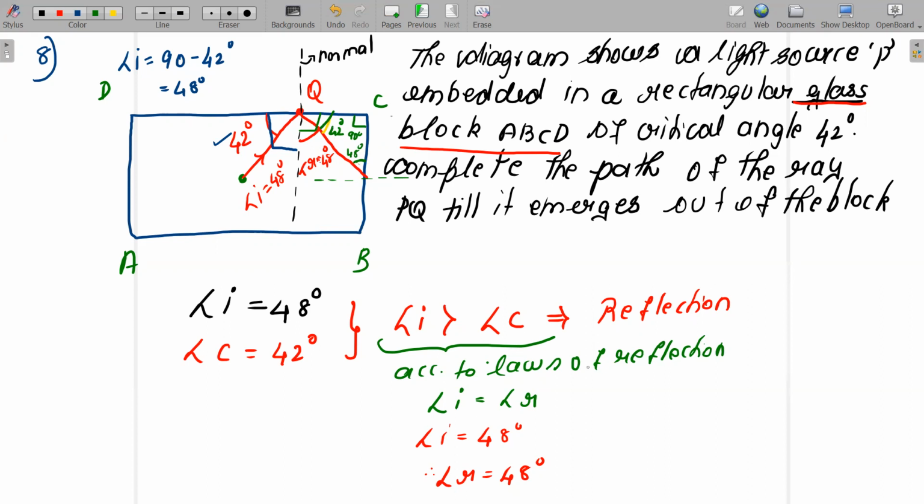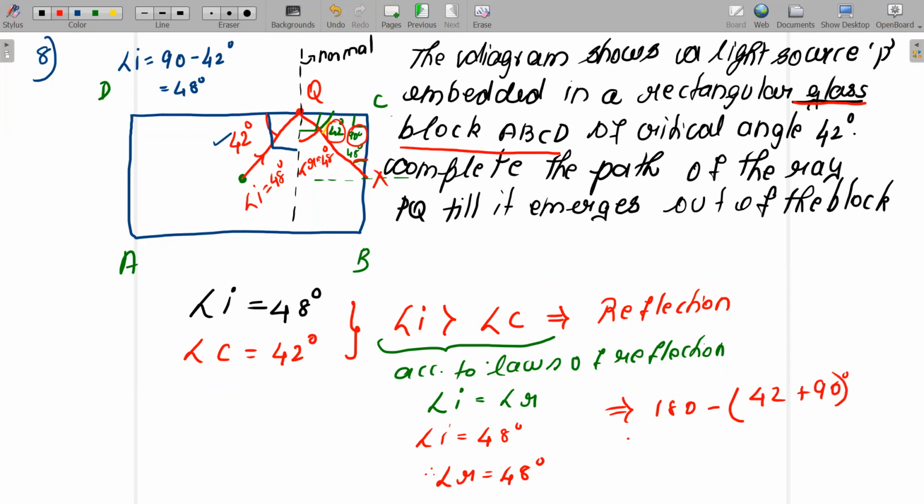So this angle, if you want to know, this point I'll call it as X. So this angle, if you want to understand, what do you have to do? 180, total sum of angles is 180, right? Minus this 42 and this 90, 42 plus 90.